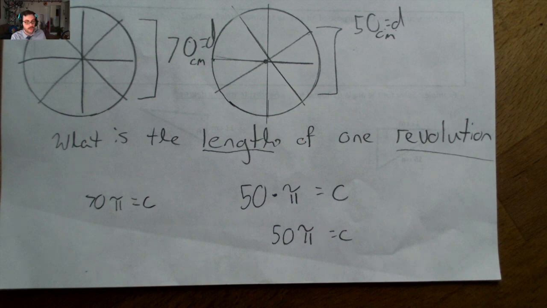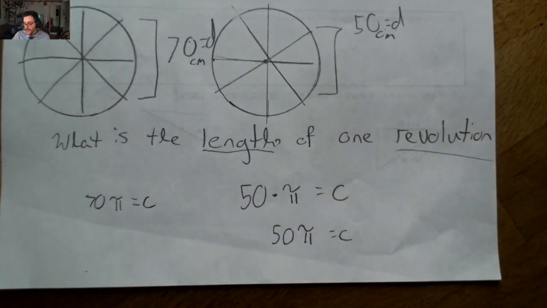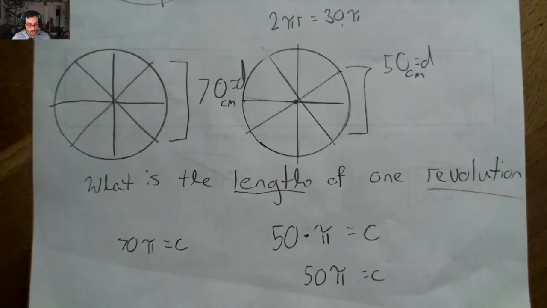Are you being given the circumference already, and then you have to work back to your diameter or your R value, or are you being given the radius and the diameter and you have to work up towards your circumference or work up towards your area? So just like an algebraic question, you need to see which direction you're going back and forth in those equations. So that's it for our notes for today.